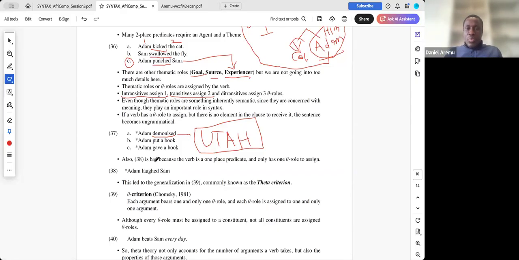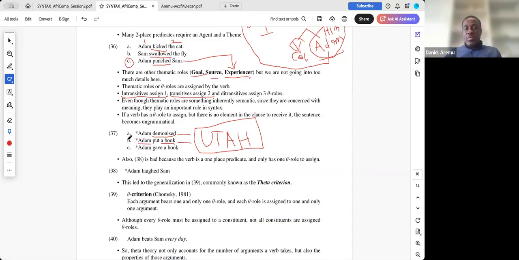Or if you say Adam put a book, we already have two arguments. It means that it is not a two-place predicate, but rather a three-place one. Because if it were just two-place, this should be fine. But it needs a third argument. He put a book somewhere. Adam put a book on the shelf, for example.